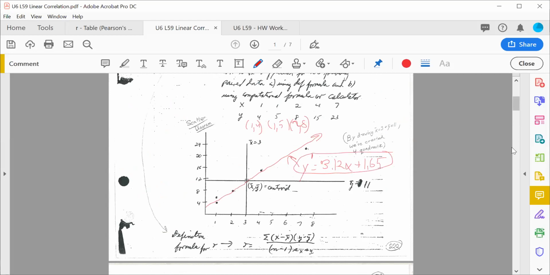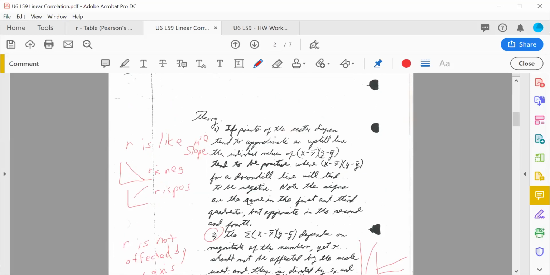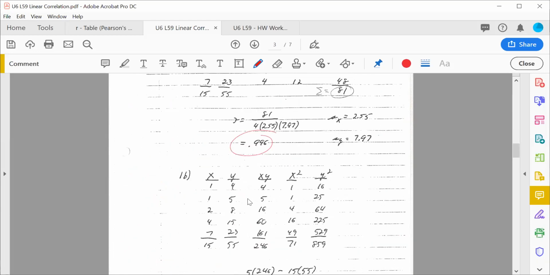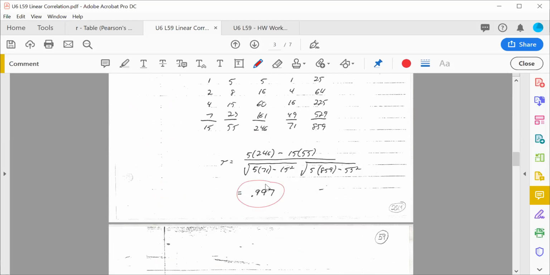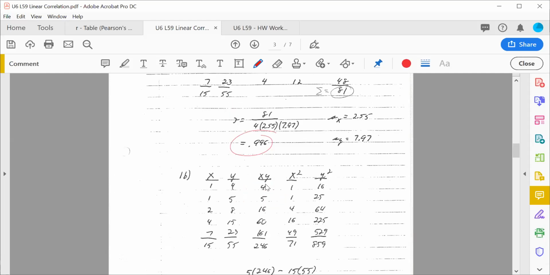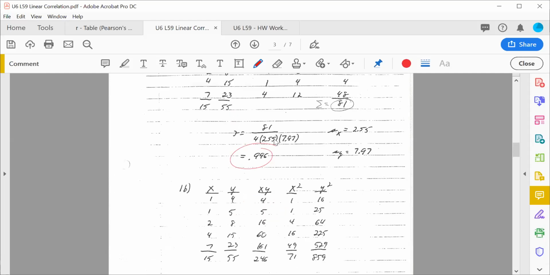The calculator just gave me the equation of this line that best fits the data. How cool is that? So cool. Not only that, but it gave me the correlation coefficient, the linear correlation coefficient, 0.997. Great. And the only reason the definition formula is off by 1,000th is because of rounding. Doc Pfeiffer rounded these 2 numbers.